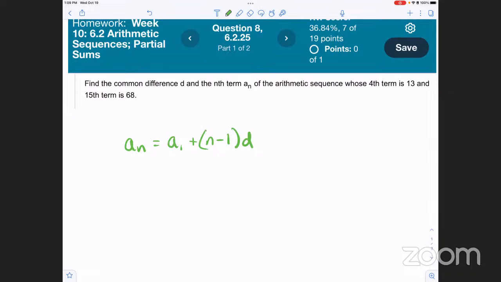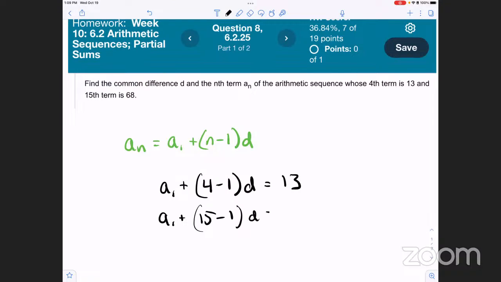So when n is 4, they didn't give us any information on the first term, and we don't know the common difference, but the output is 13. The other piece of information given is when n is 15, we don't know the first term or the common difference, and the output is 68.